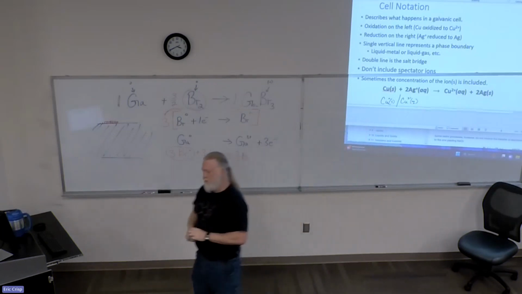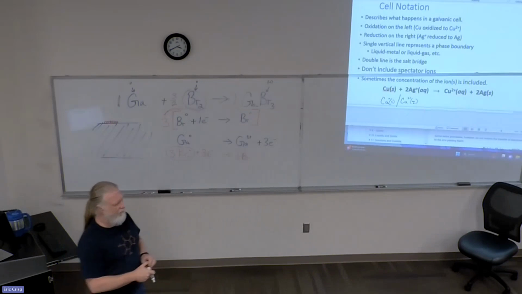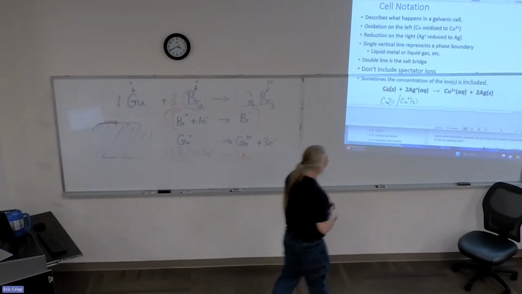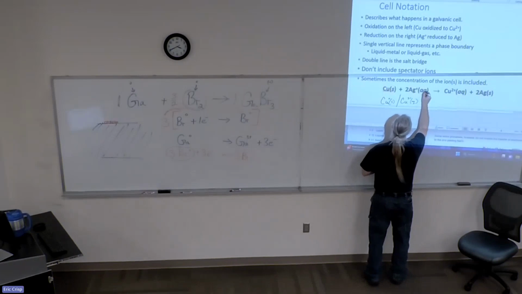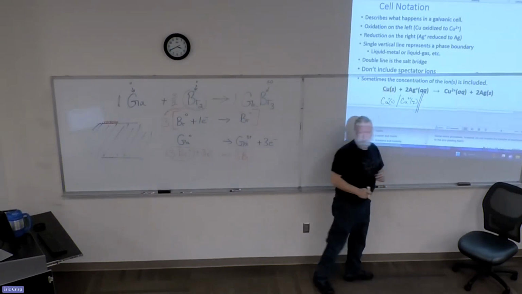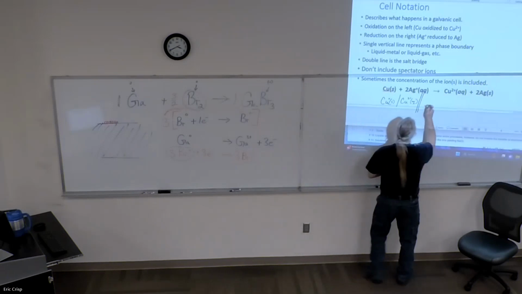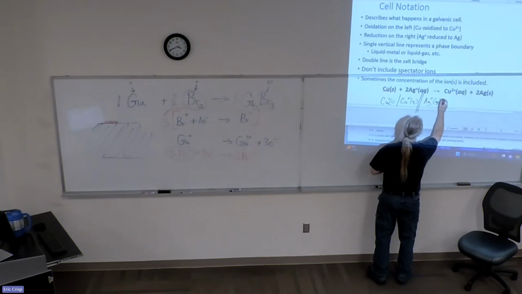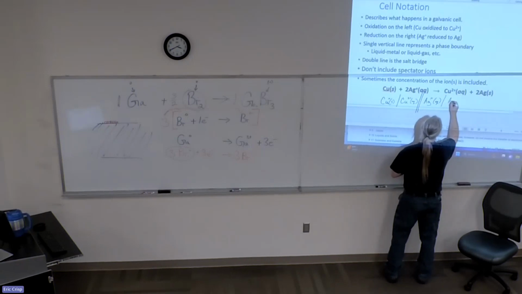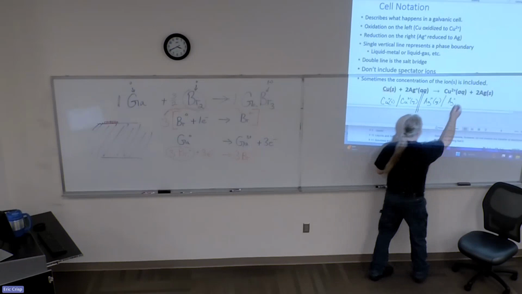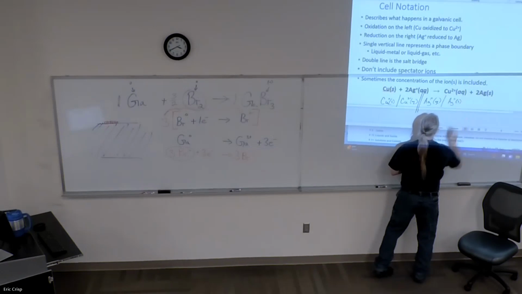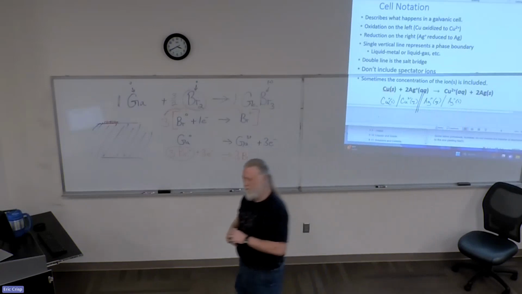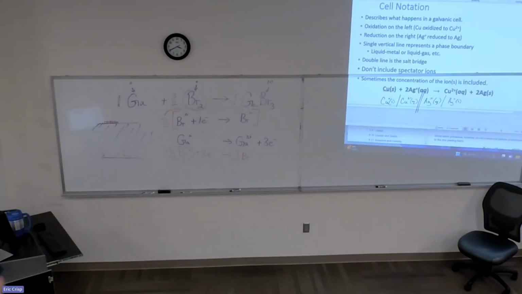Okay, so you see that the solid copper is in a different phase than the aqueous copper. Then I'm going to put in a salt bridge. That's what we call cell notation for one of these. So be able to do that as well.